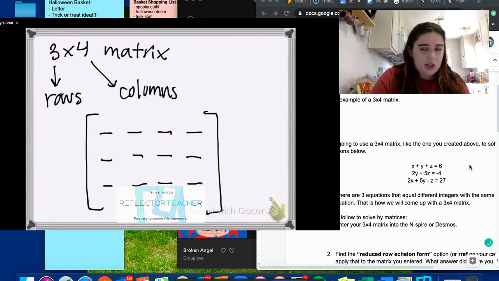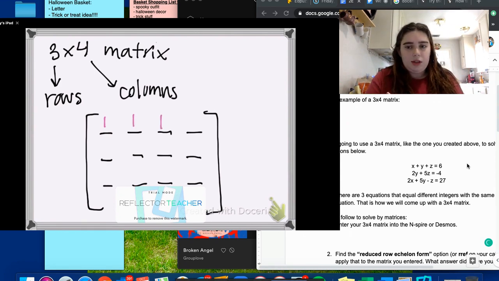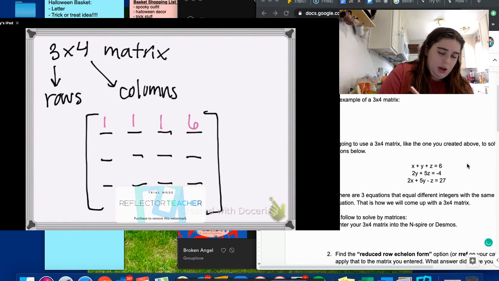What coefficient is in front of every variable there? It's a 1, right? So on the very first row, we're going to have a 1 for x, a 1 for y, and a 1 for z, okay? Now, what's the last slot going to be on that row? It's going to be whatever our equation equals. So it equals 6, okay?